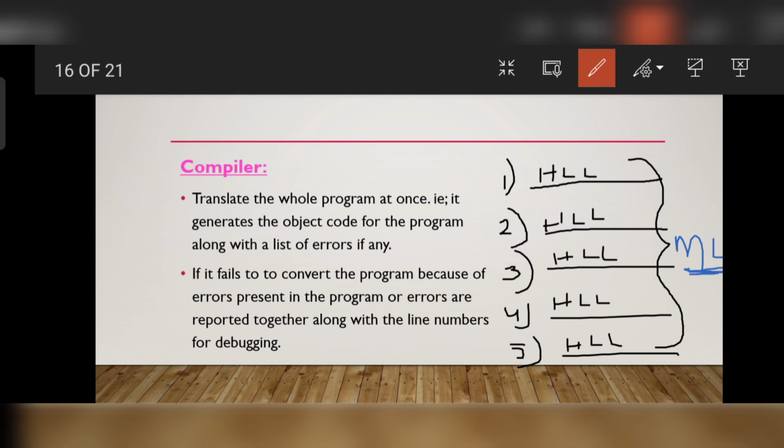Okay. So, then if we correct the errors, again the compiler will try to translate the whole program into object code, and if there is no errors, the entire program will be converted or translated into object code or machine level language.